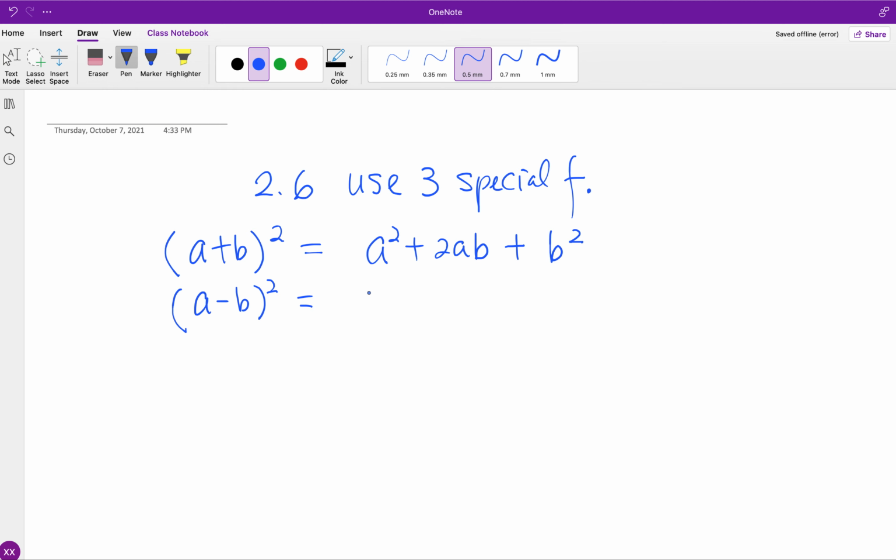That equals a squared subtract 2ab plus b squared. Now both of them are called, what is it called? A perfect square. So this is called a perfect square.